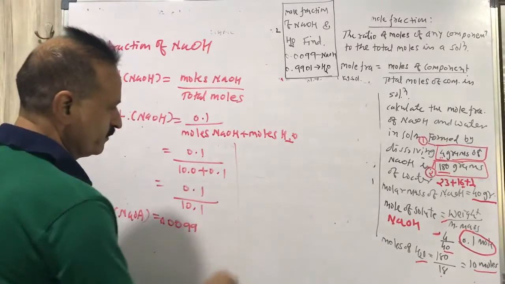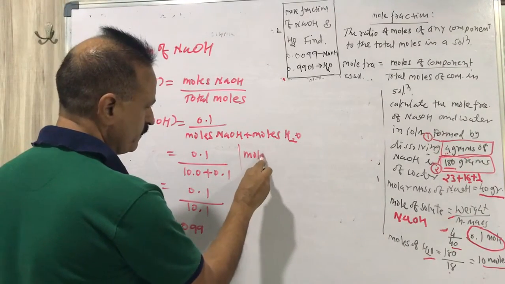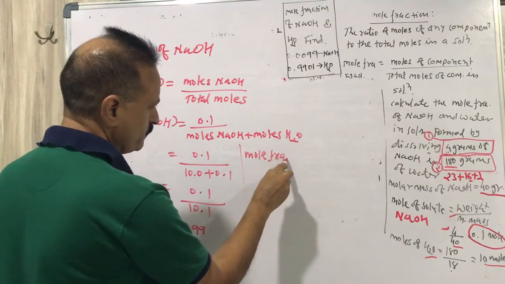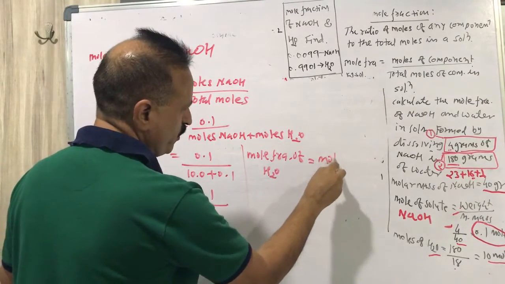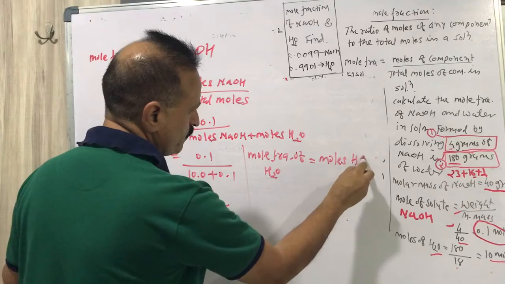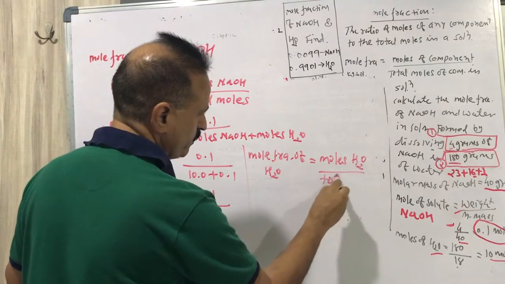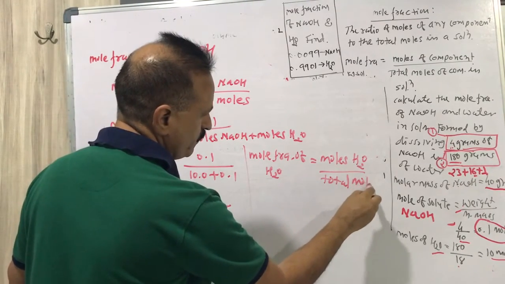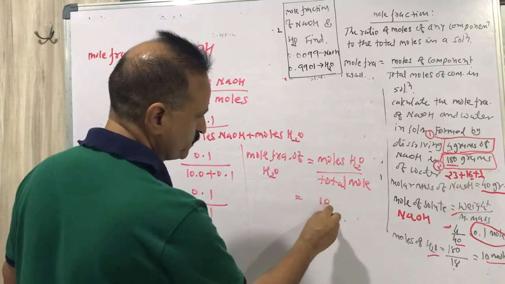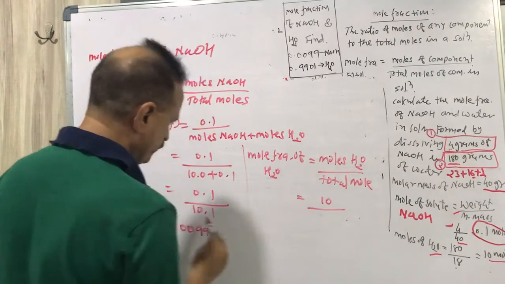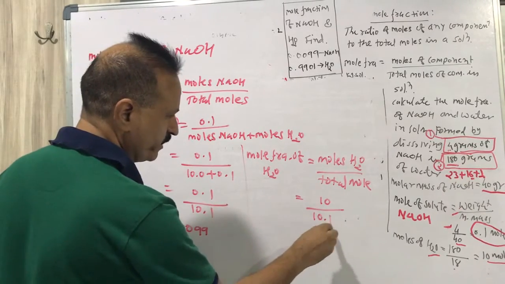Now we will find out the mole fraction of H2O. Means moles of H2O upon total mole. Moles of H2O we have found out it is 10 moles upon total mole which is 10.1 mole.